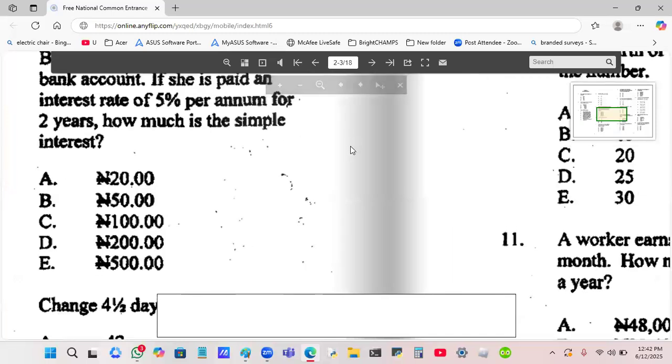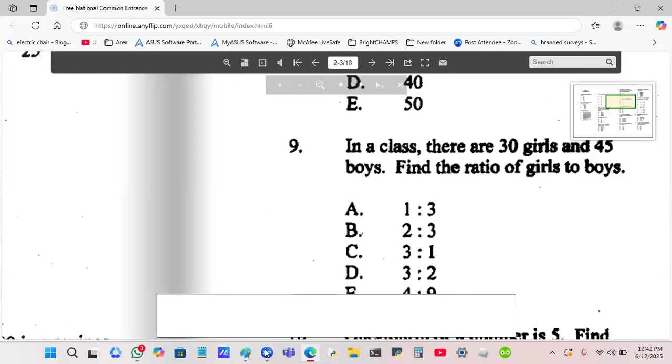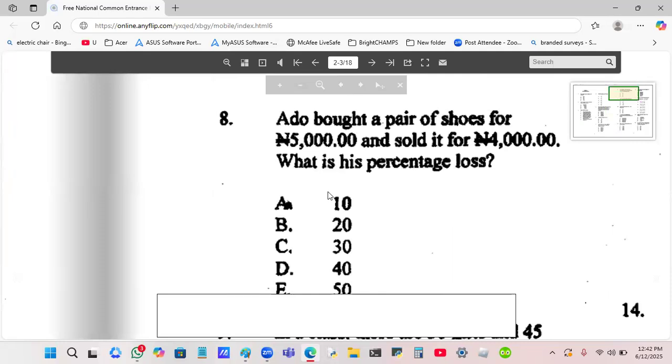Okay. So the answer is B. That's 50 naira. You say A? I said A. Scroll up. This is number 8 now.